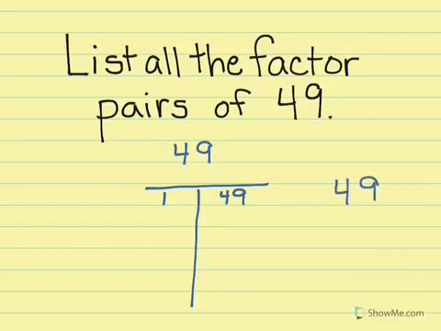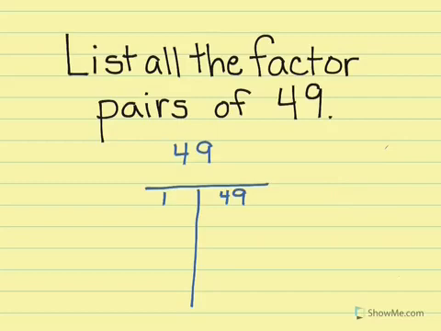I also know from my rules of divisibility, if a number ends in 0 or 5, then 5 will go into it evenly. But this number ends in a 9, so 5 is not a factor.